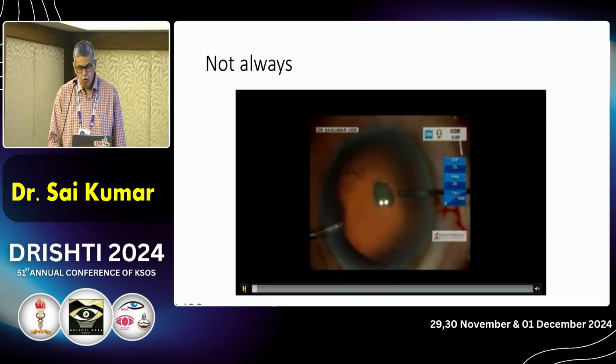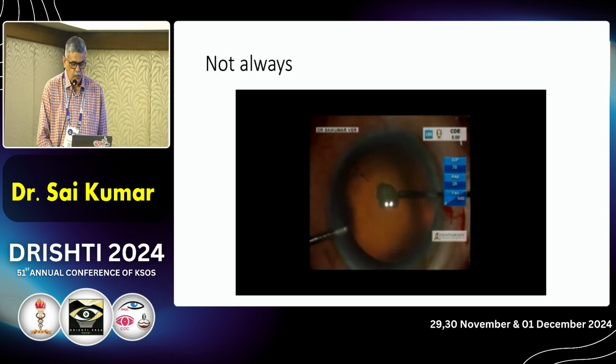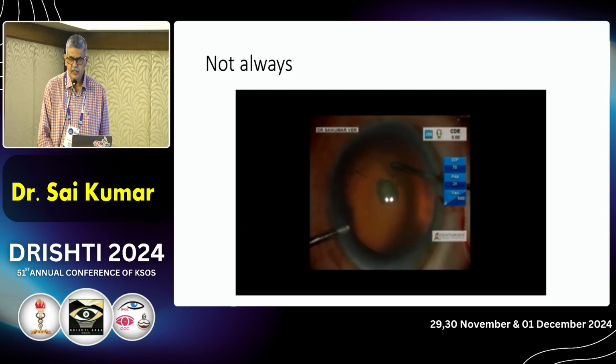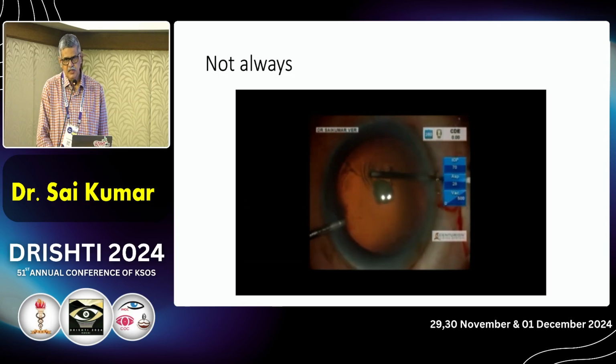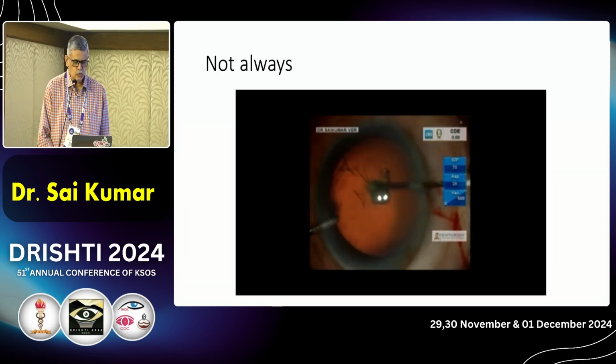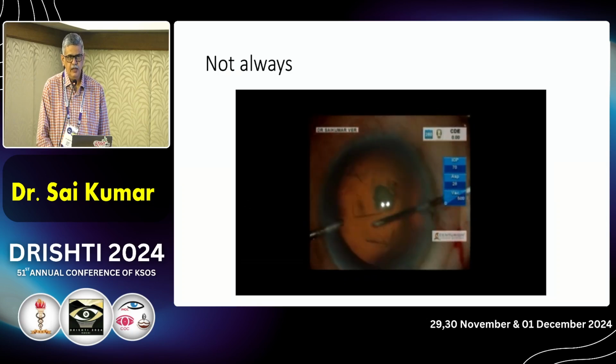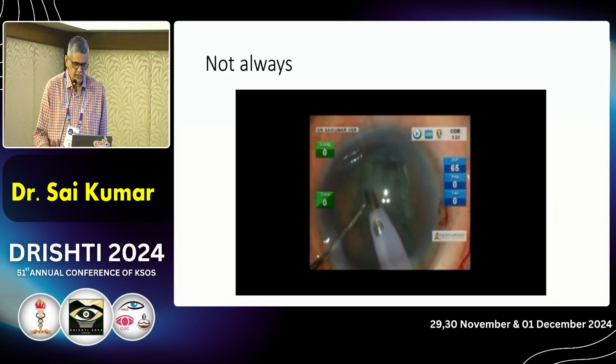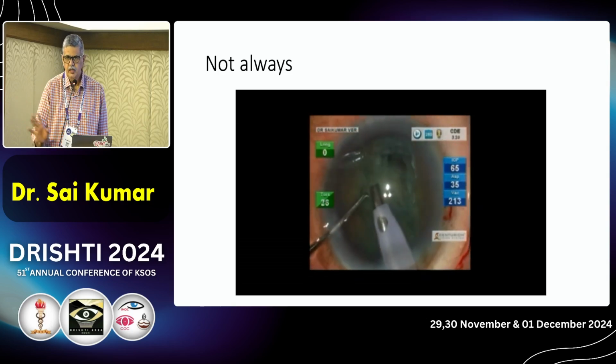Now this was a small posterior polar cataract where initially I thought that I would easily get away with my routine PPC technique. My routine PPC technique is to do a very minimal hydrodelineation, probably almost nothing at all, just loosening up the area of the nucleus.